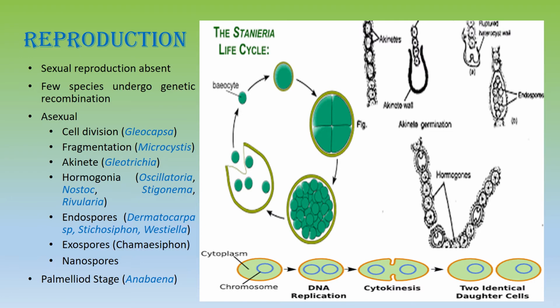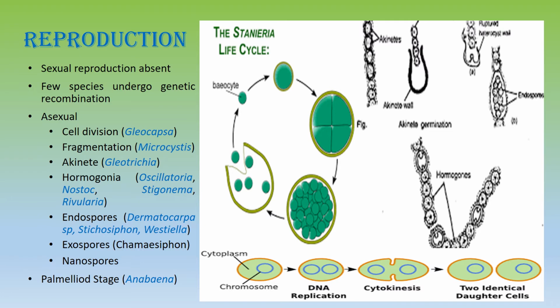Then is the Palmelloid stage. The Palmelloid stage is formed when the cell after division does not move away. It is by copious secretion of mucilage. The newly formed cells are entrapped in this mucilage and stay there as such till favorable condition is obtained.